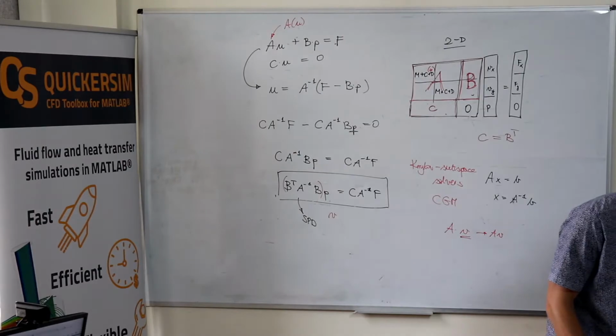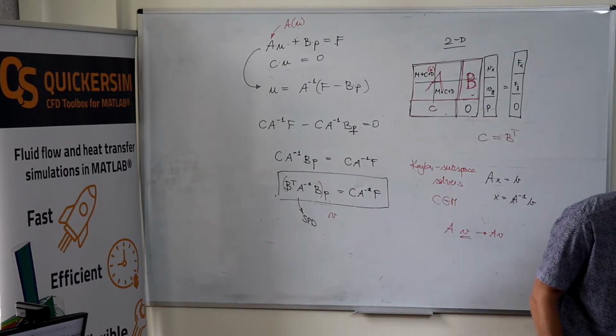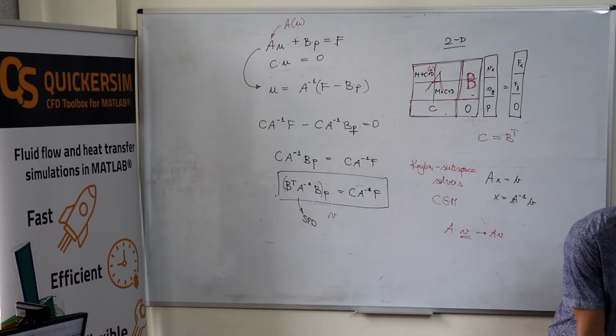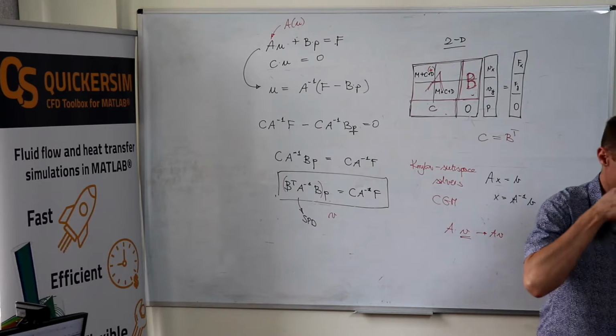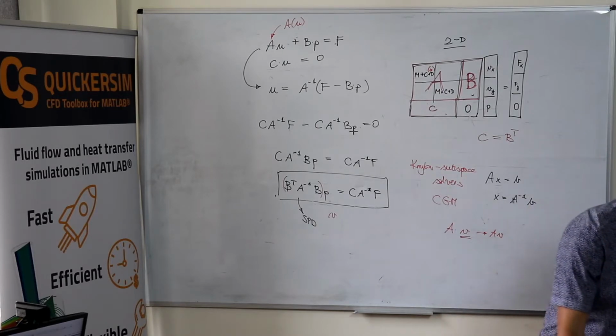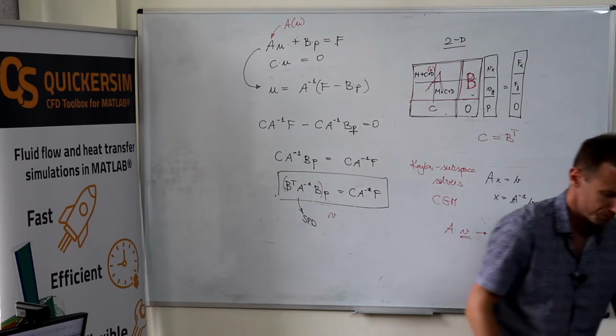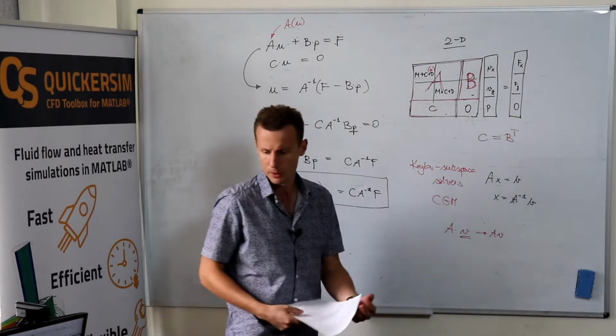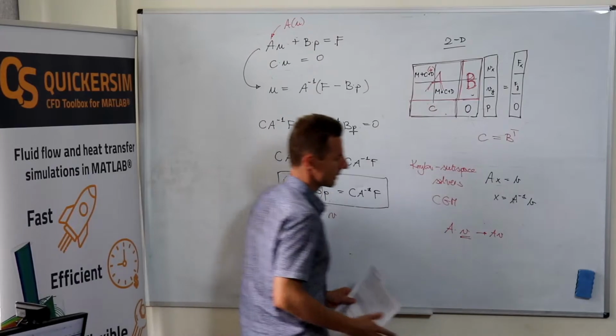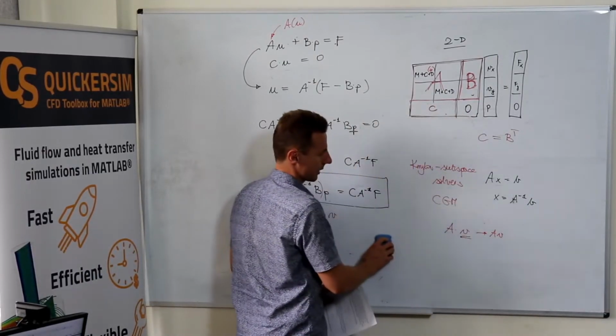So people have come up with the idea of the SIMPLE scheme. The SIMPLE scheme is commonly used in the finite volume method. It's, for example, used in ANSYS Fluent.